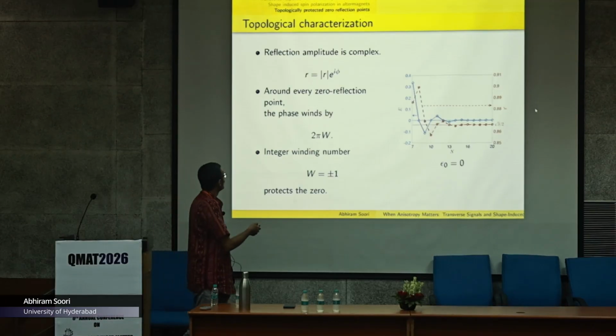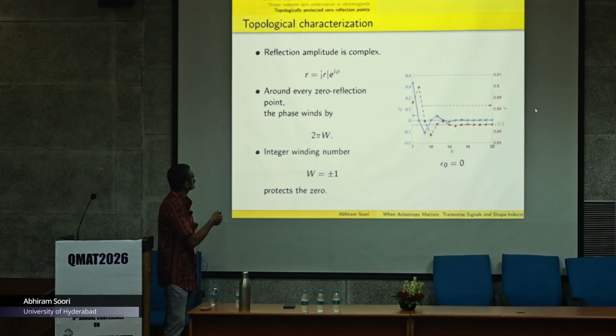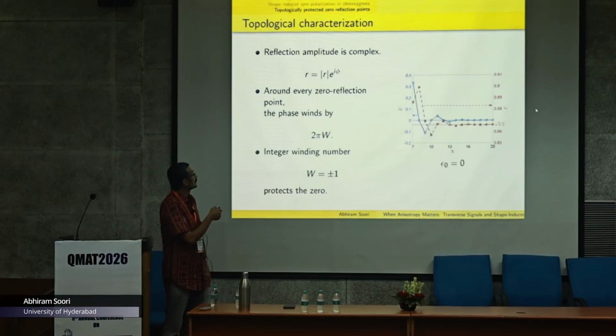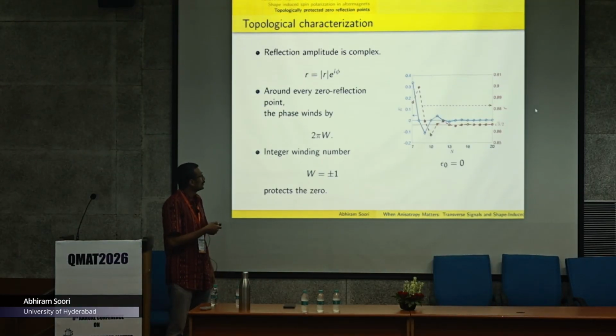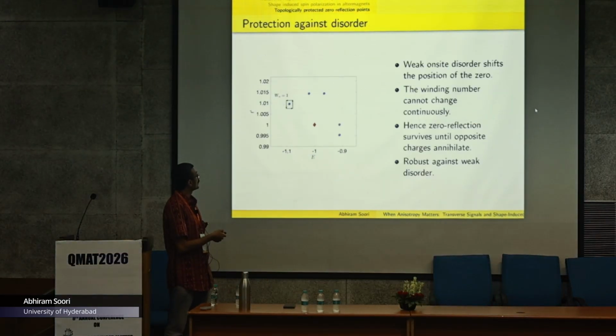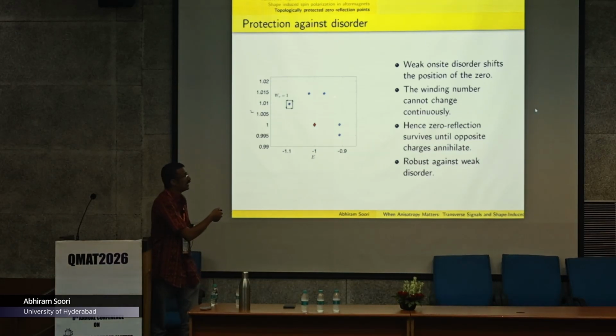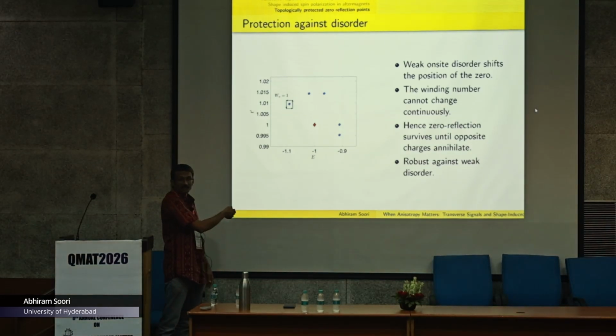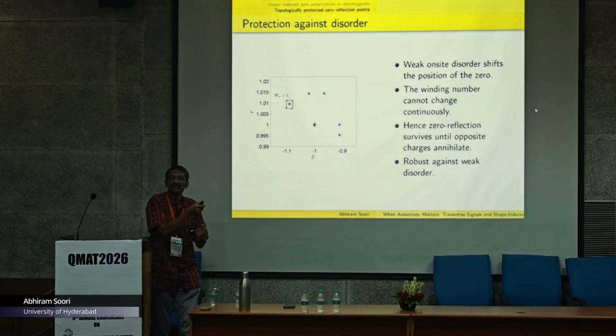The topology enters here because this reflection amplitude is a complex number. It is mod r e power i phi. Now if you go around the zero reflection point, say in some T prime energy space, and you see how much the phase winds, it winds by 2 pi.